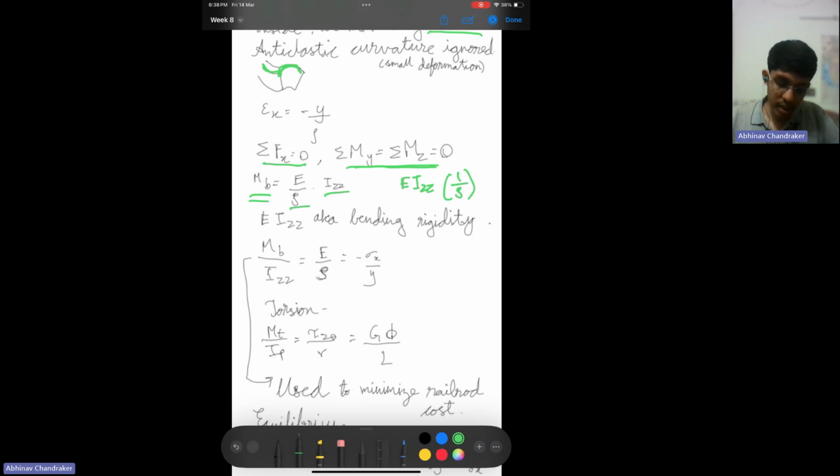So since EIZ relates the two, strain and the applied moment, it can also be considered as bending rigidity. It's known by this term also. If it is higher, it means that the member is more rigid, while if it's lower, it's less rigid, it's more flexible. Also, we can also write it like this.